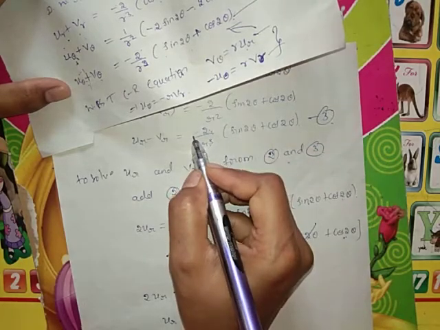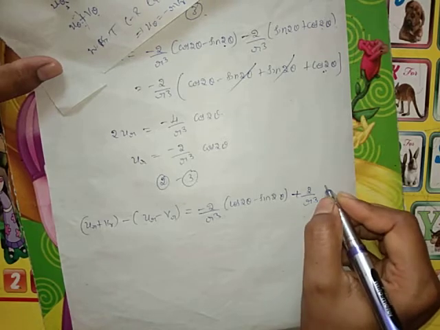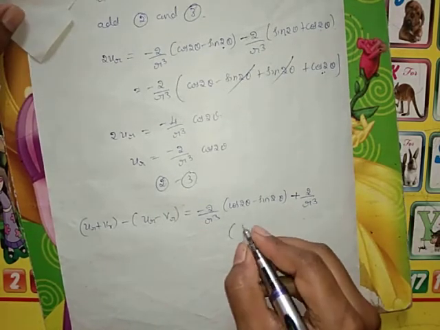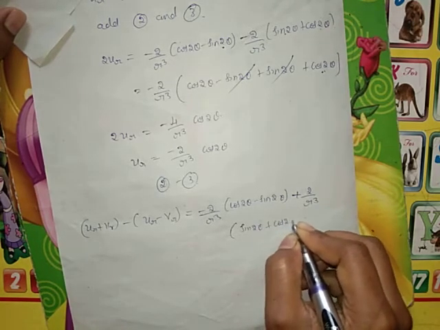Already there is a minus. Minus of minus becomes plus 2 by r cube into bracket sin 2 theta plus cos 2 theta.